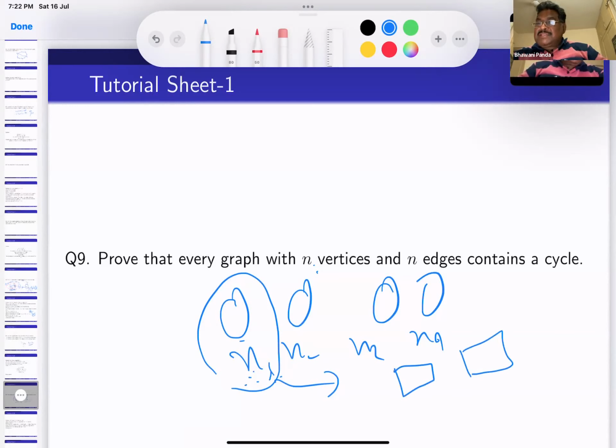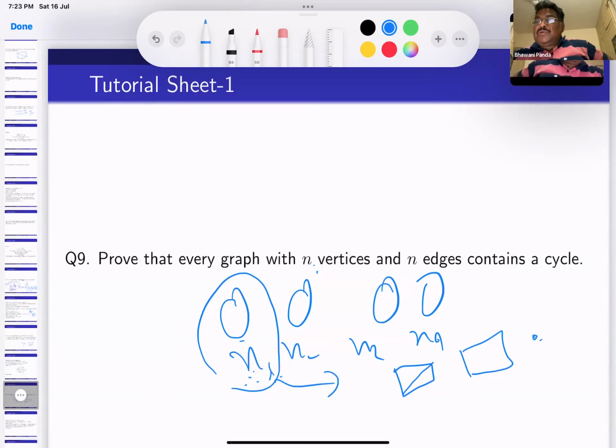This component has 5 edges, and this has 4 edges, that is 9 edges, but you have only 8, so you can take this one also. So you can make one component very dense by taking isolated vertices.